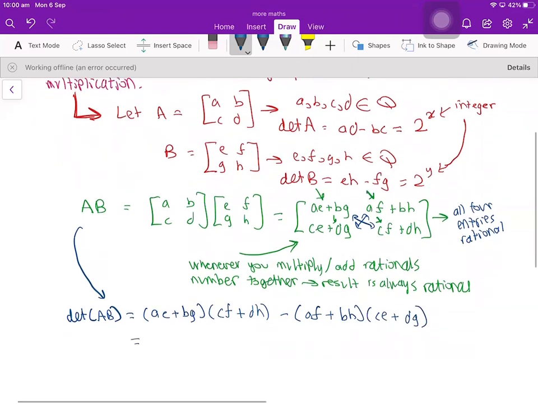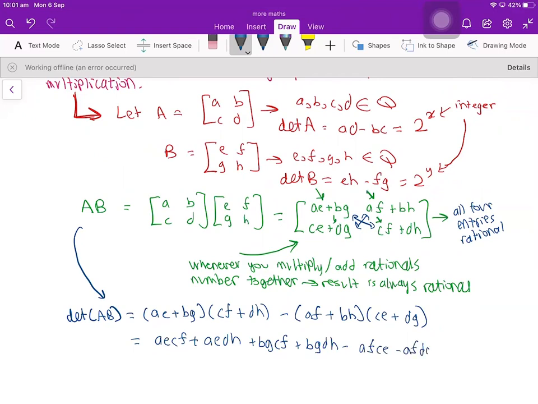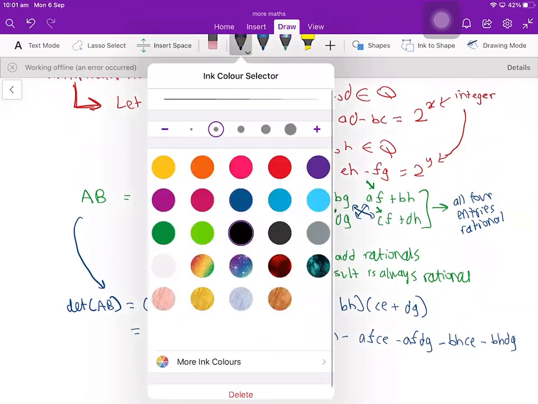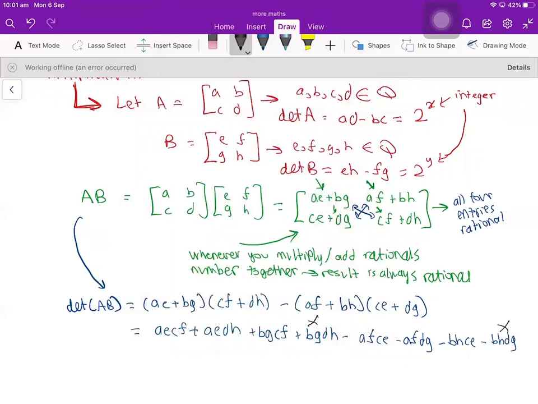Expanding, this is AECF plus AEDH plus BGCF plus BGDH minus AFCE minus AFDG minus BHCE minus BHDG. Now we have some cancellation. The BGDH cancels out and the AECF cancels out, so we're left with AEDH plus BGCF minus AFDG minus BHCE.